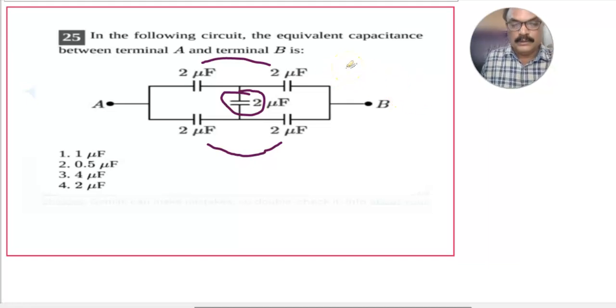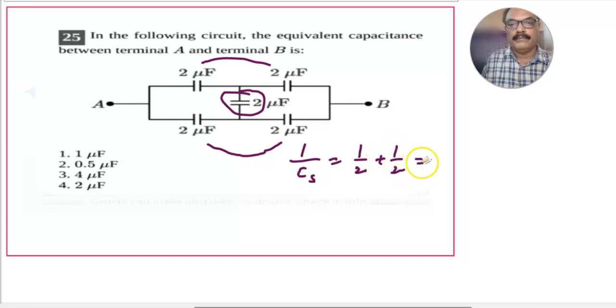Let us start now. As I told you, according to the Wheatstone bridge principle in balanced condition, now the net capacitance which is given in series: 1 by C_S is equal to 1 by 2 plus 1 by 2.